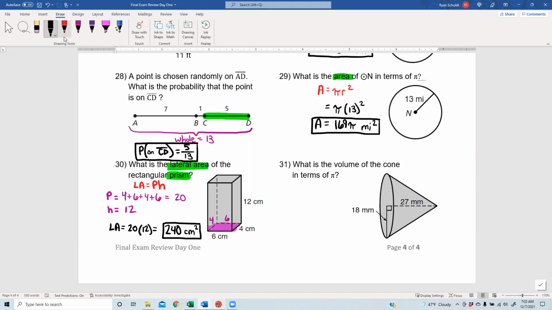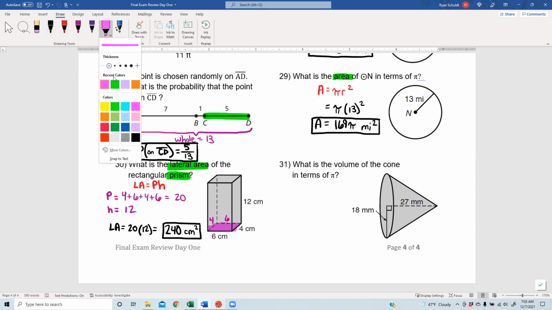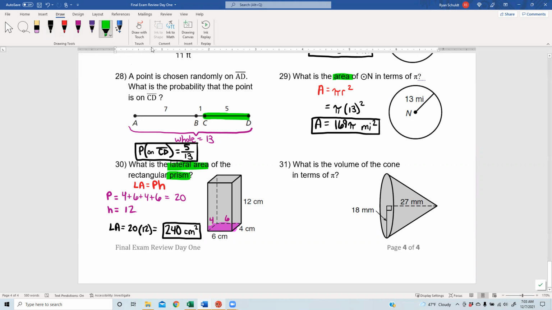And 31, what's the volume of the cone? It wants us to find the volume of a cone in terms of pi. For a cone, the volume is 1/3 big B times H. Well, what's big B?